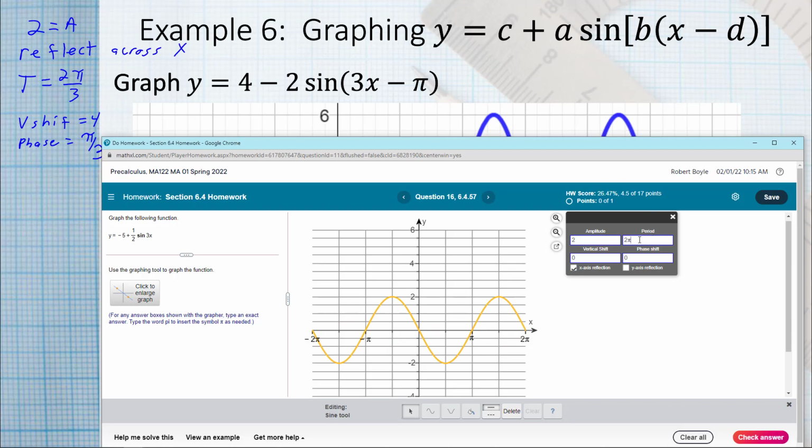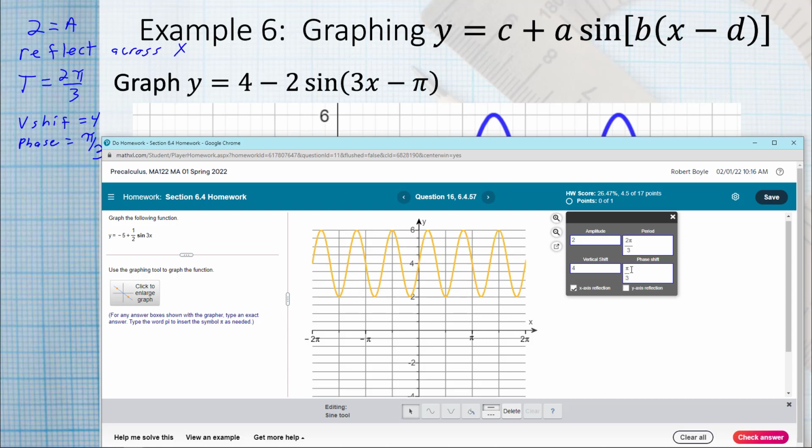Now I already have my 2 pi there, so I'm just going to do my slash 3. There's my period. Okay, my vertical shift is 4, so I'm going to put a 4 in here. There's my vertical shift. And now my phase shift is pi over 3. So over here, I'm going to type in pi, divided by 3.